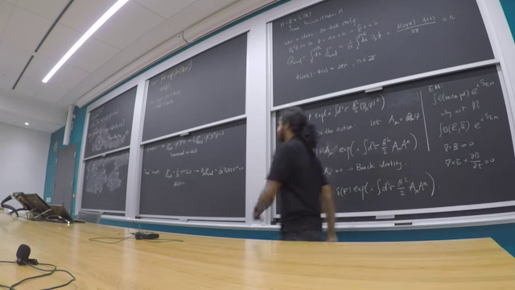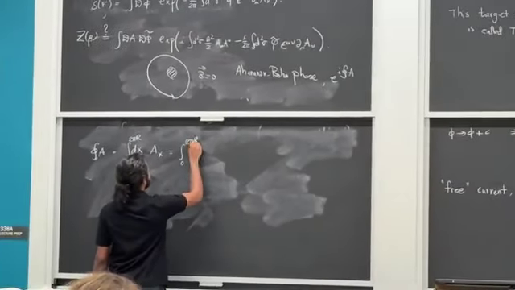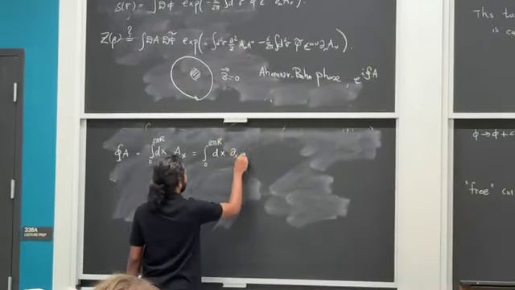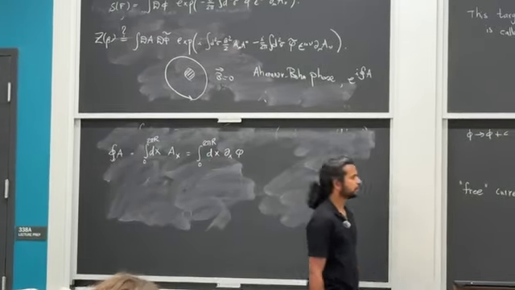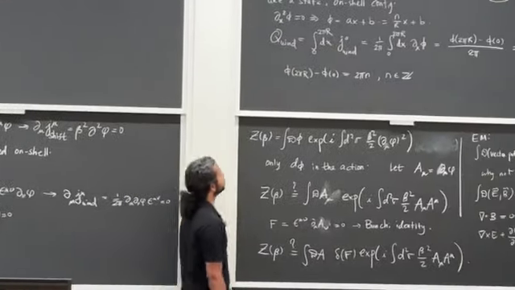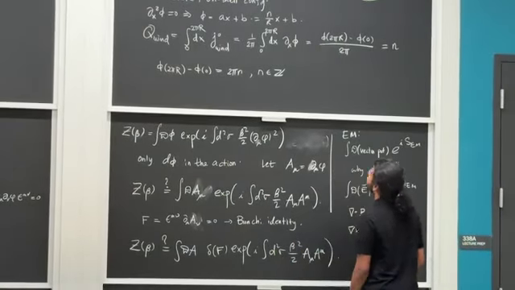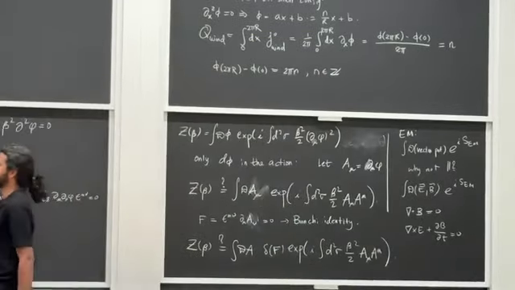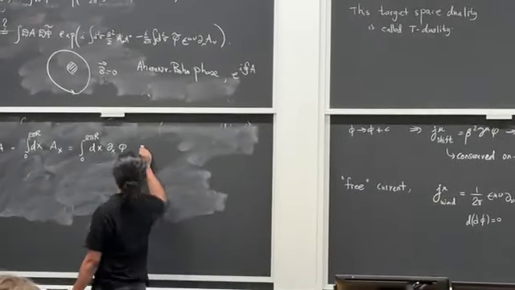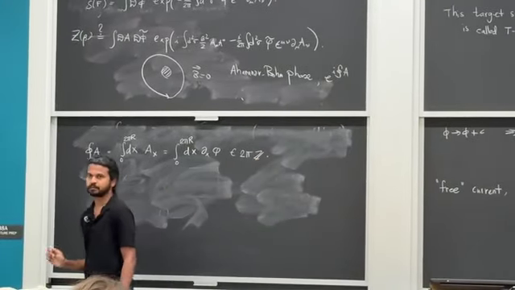Ax is nothing but dx of phi. And this, we don't want it to be 0. We want it to be 2 pi times an integer, right?